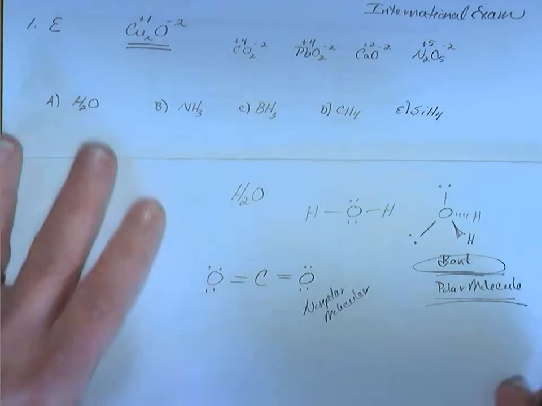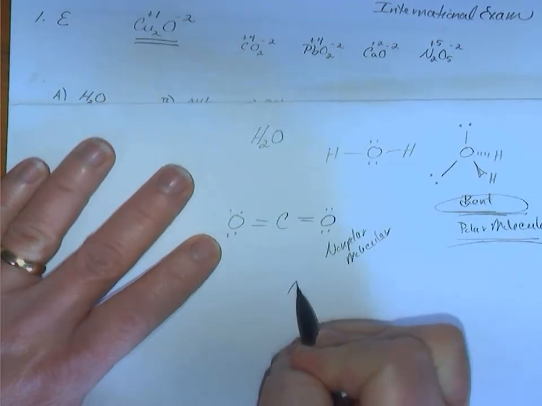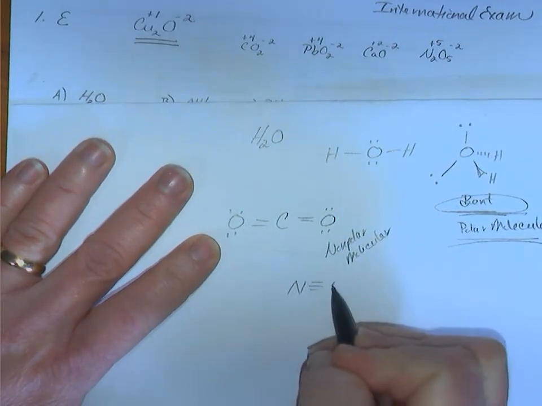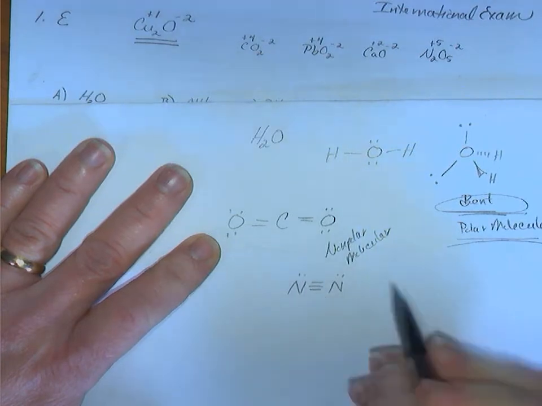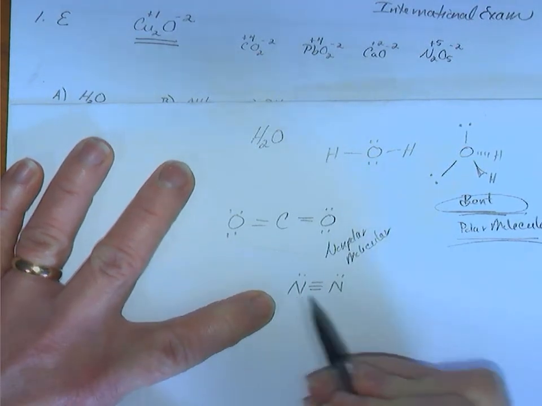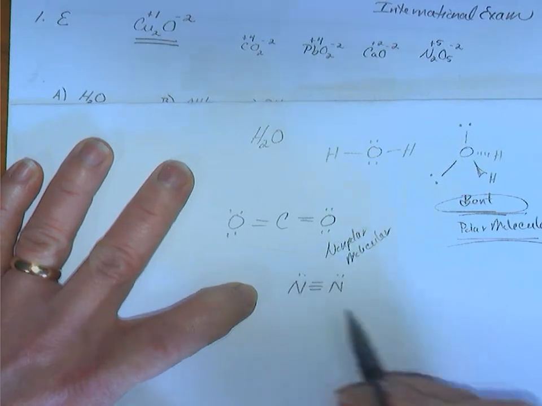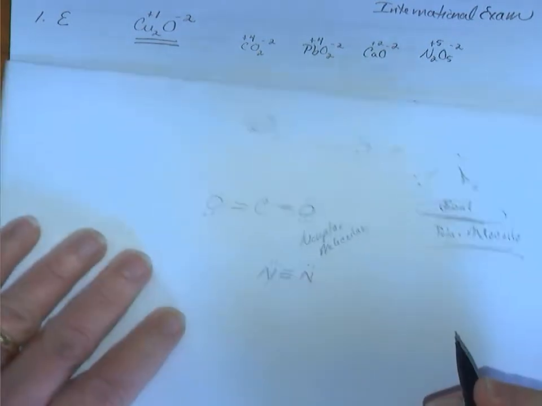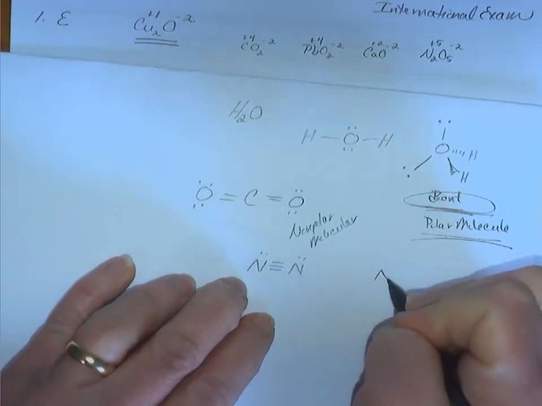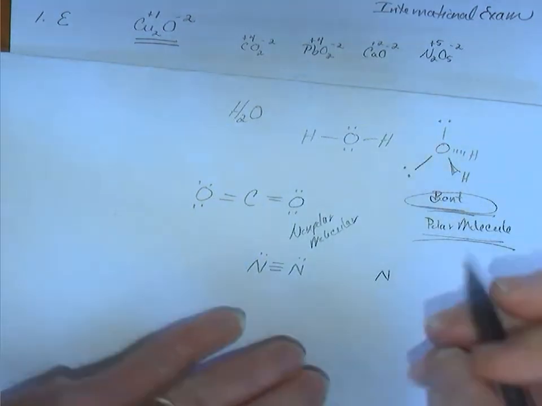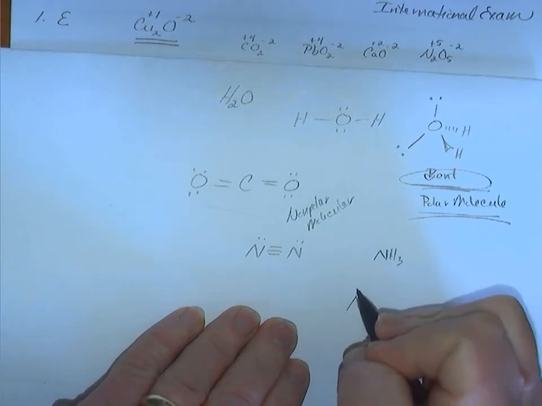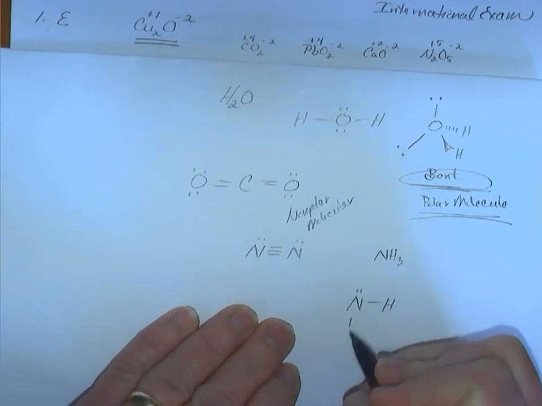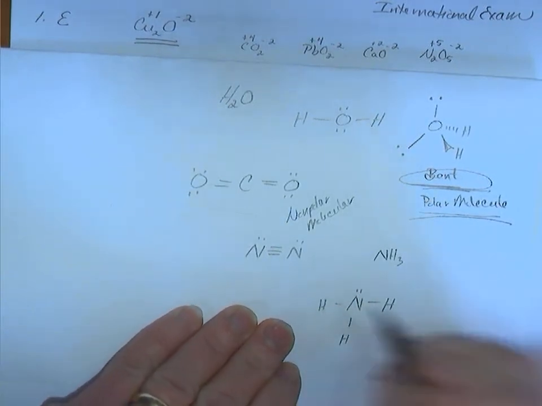Another go-to example is nitrogen. That, of course, is a triple bond between your 2 nitrogens and 1 lone pair on each. Now, this would be a non-polar bond and a non-polar molecule. The other, amongst the go-to molecules, would be ammonia. Ammonia has a lone pair on the nitrogen and then 3 single bonds with hydrogen.